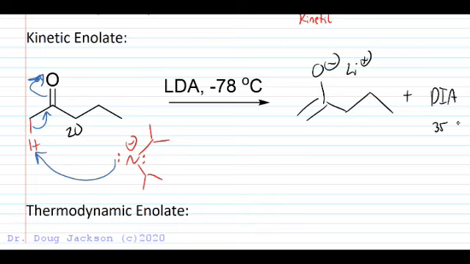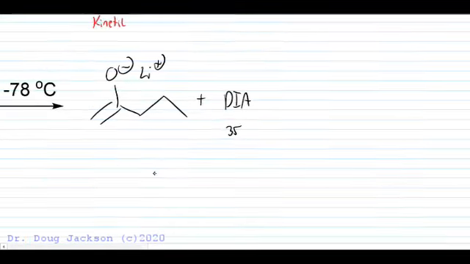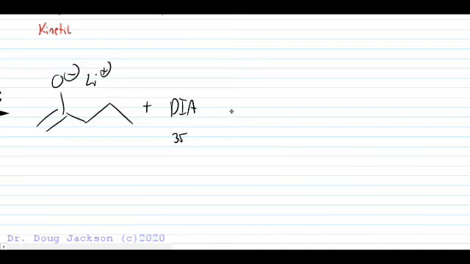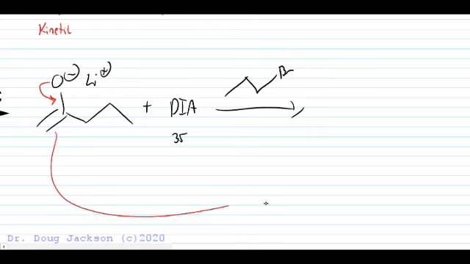And so this is reaction number 1. Reaction number 2 would be to take this enolate and react it with a primary alkyl group with a leaving group, and we would see the enolate reform the carbonyl and attack the primary halide in an SN2 type reaction.